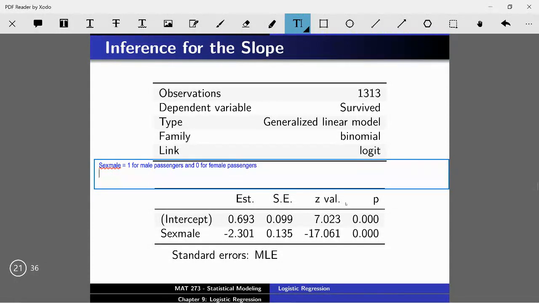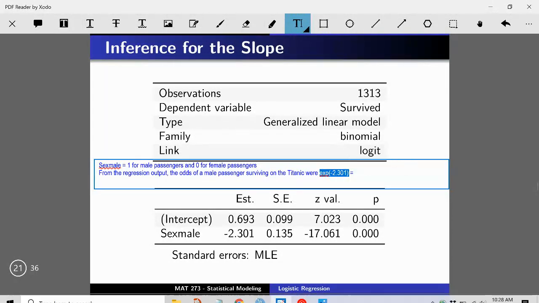Based on that, from the regression output, the odds of a male passenger surviving on the Titanic were... we exponentiate the value in order to interpret it.